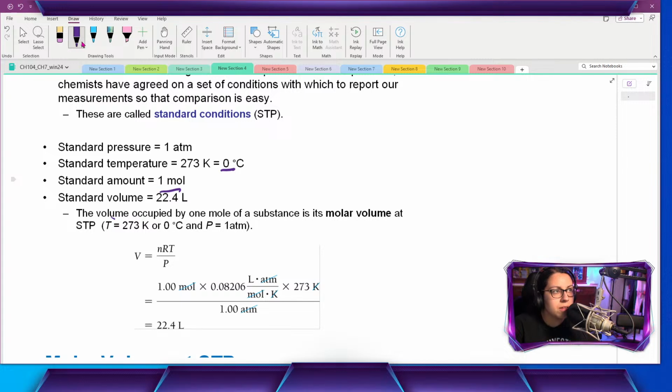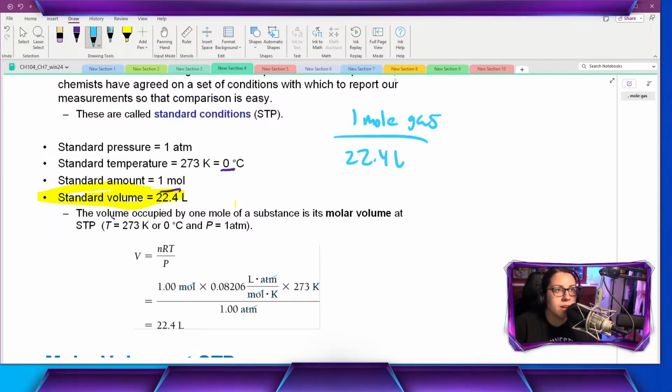And this is really important, so let's highlight this. All gases, we said, occupy the same volume, and the standard volume is 22.4 liters. So now we have a new molar conversion: 1 mole of gas always occupies 22.4 liters.